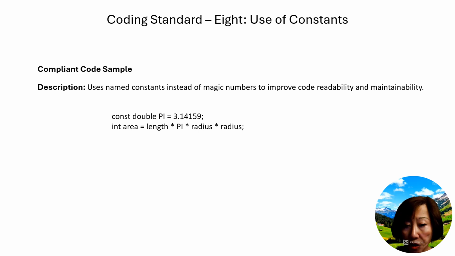So the magic number 3.14 can easily be substituted by a const double, giving it a variable name pi, 3.14159, and then use it in this arithmetic equation. Length times pi times radius is, in this instance, the arithmetic that we want to do, and it's much more readable.